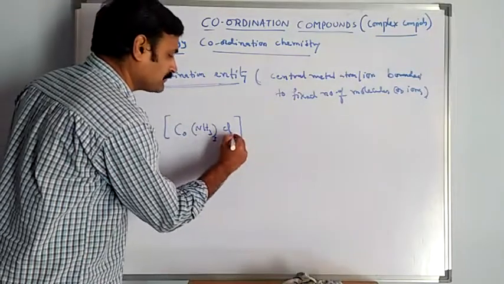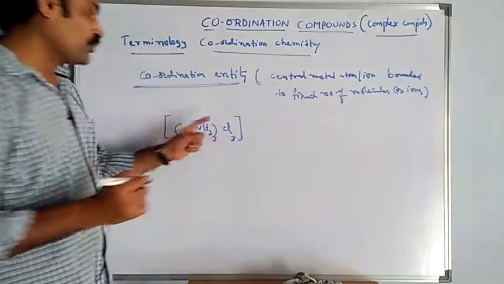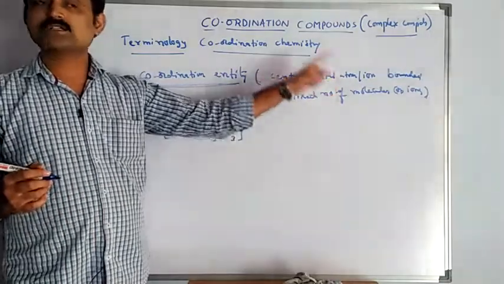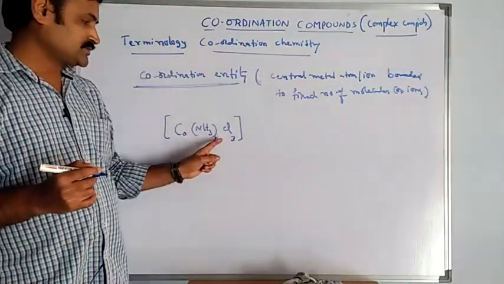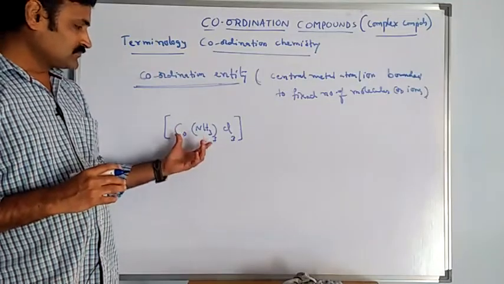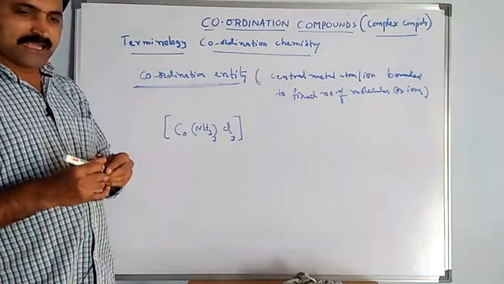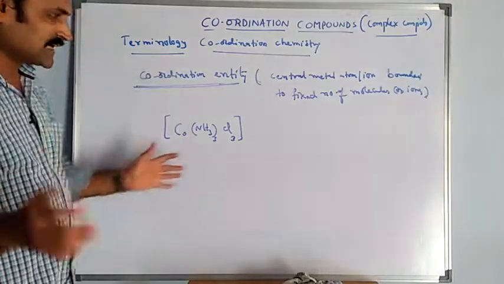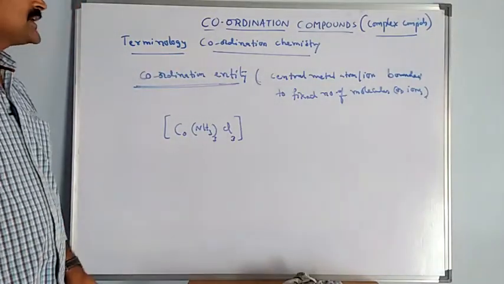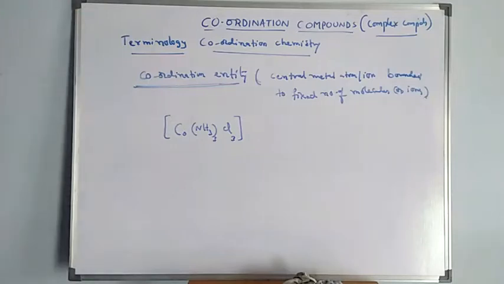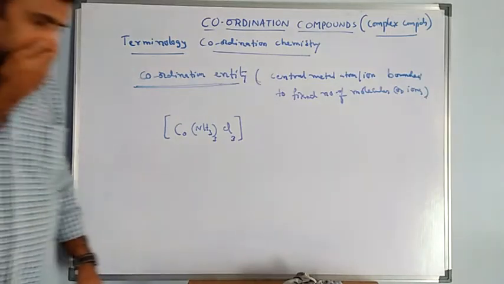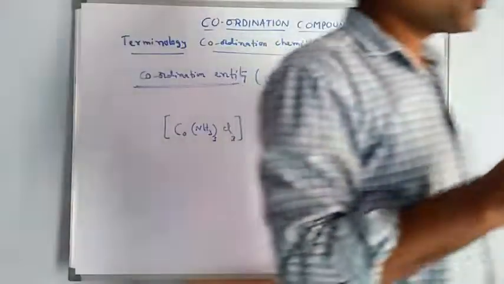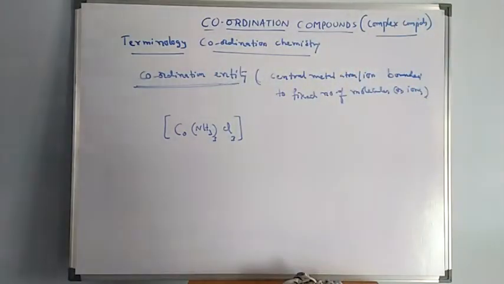Usually we will say chlorine, but these Cl are ions, not atoms. So do remember, this entire enclosure, the square bracket, we will call the coordination entity. Okay. Hope you understand what a coordination entity is.